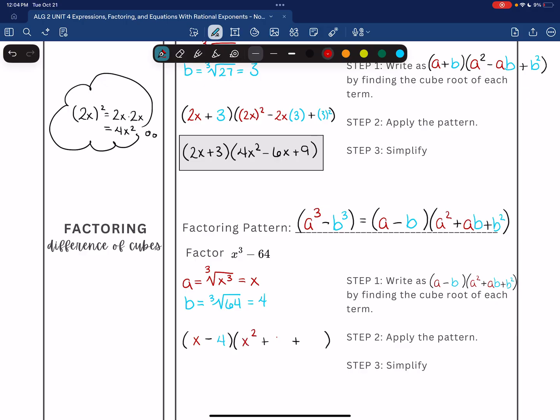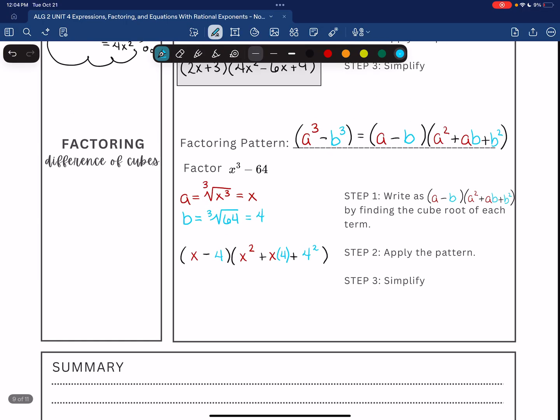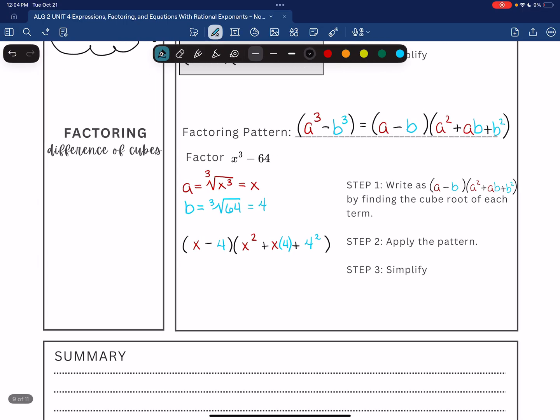And then you're going to be multiplying x and 4. And then you're going to have your 4, and that's going to be squared. You might be able to skip all the way down and do that simplifying in your head, but I like to show it here slowly for us when we're doing this the first time. So there's the binomial. It's going to be x squared. The proper way to format this would be to write it as 4x and then 16.